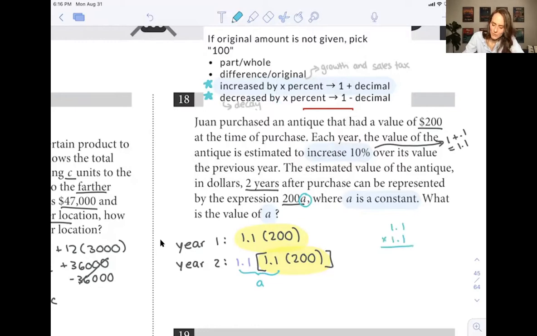So 1 times 1 is 1, 1 times 1 is 1, put a 0 for our next line, and we have 1, 1 again. We add these 2 rows, and we got 121. I have 2 decimal places here, so I need 2 decimal places total here. And my final answer is just 1.21.